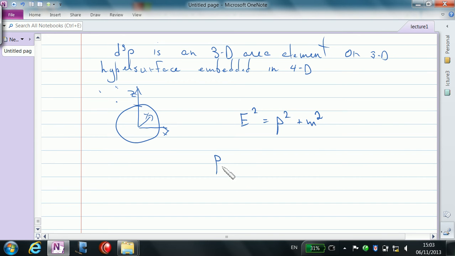Now, if I have a 4-vector P mu, which is equal to Px, Py, Pz, and E, the E is just the fourth element of this P, and E squared minus P squared, which is equal to P mu times P mu, is just equal to M squared, and maybe there's a minus here.